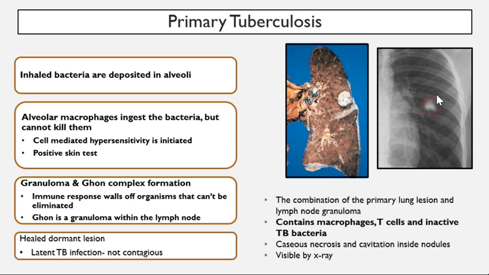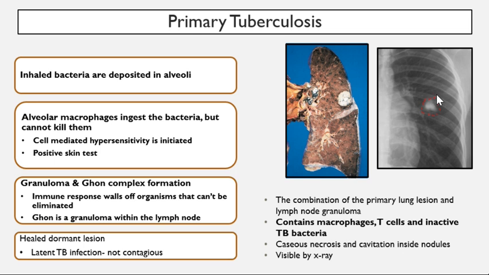Also, your macrophages won't kill it, but they will still sense it and recruit other immunoprotective cell types to the area, and you can develop an immune system wall around wherever that bacteria is. That's the granuloma. It's an immune response that walls off organisms that can't be eliminated.